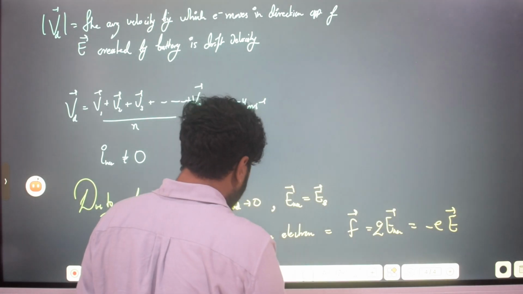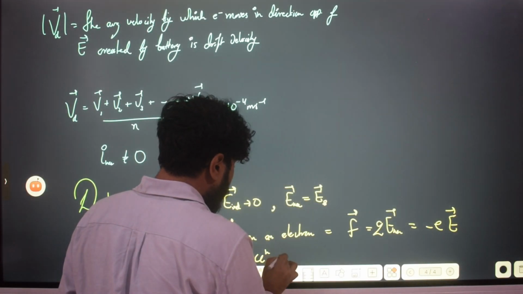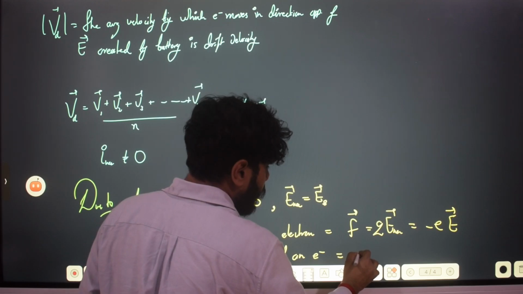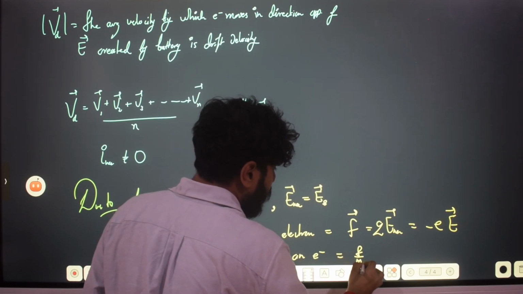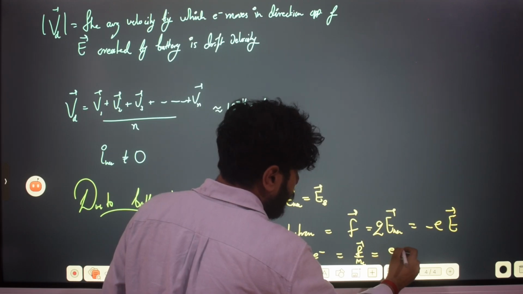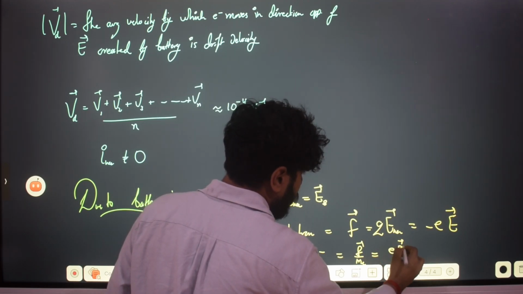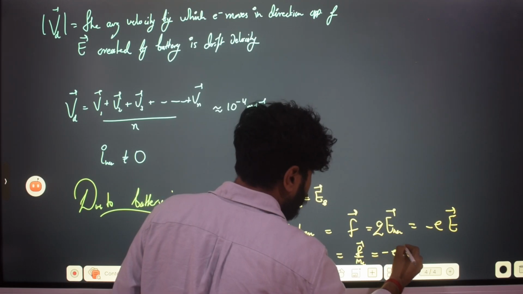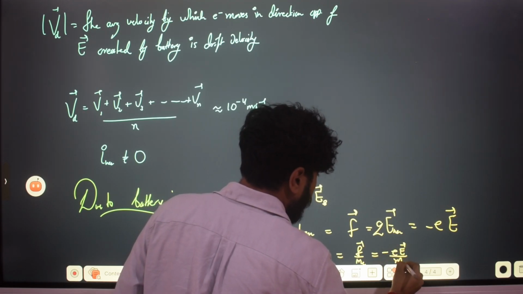So the acceleration of an electron will become force over mass of the electron.